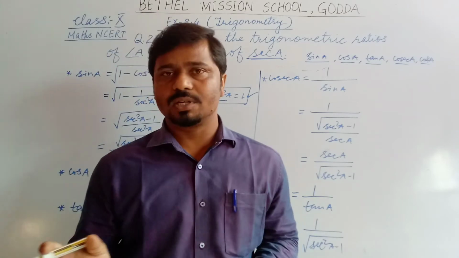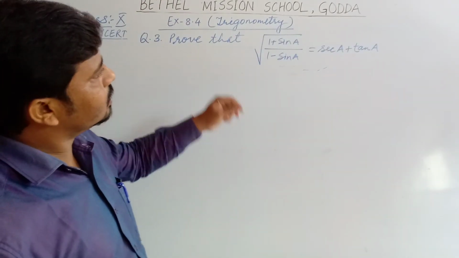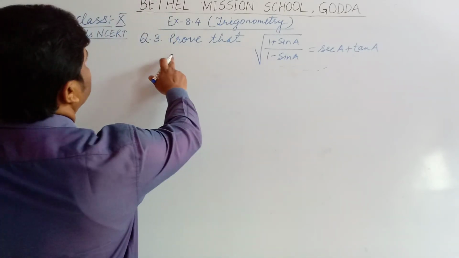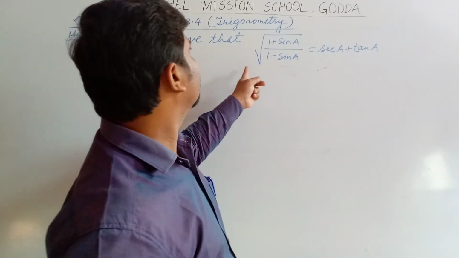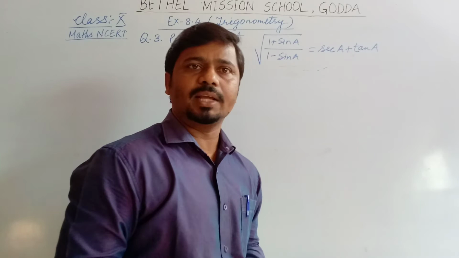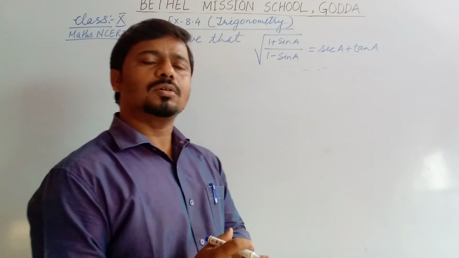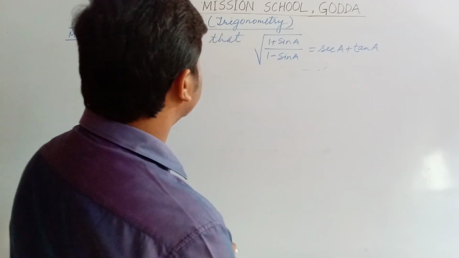Last one question we will see. See one more question, that is asking prove that, means we have to prove left hand side and right hand side are equal or not. So here also the concept is same, by using trigonometric identities we will do this.